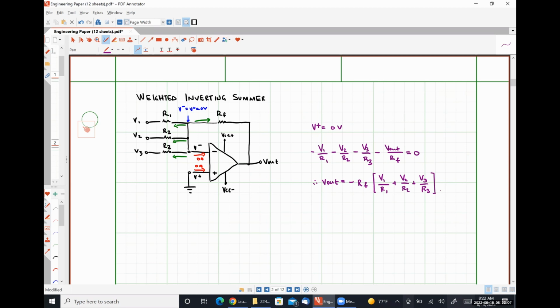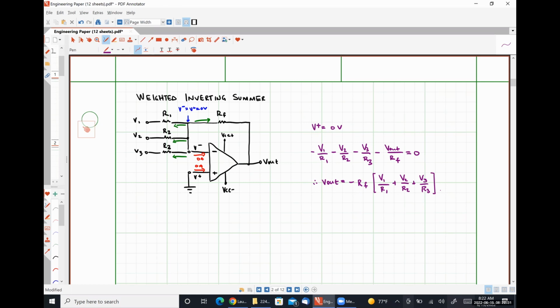So let's talk about why it's a summer first. Well, it's a summer because the output has to do with the sum of the input signals. It's an inverting summer because positive input signals give us a negative output voltage, indicated by the negative sign in the front of our relationship.